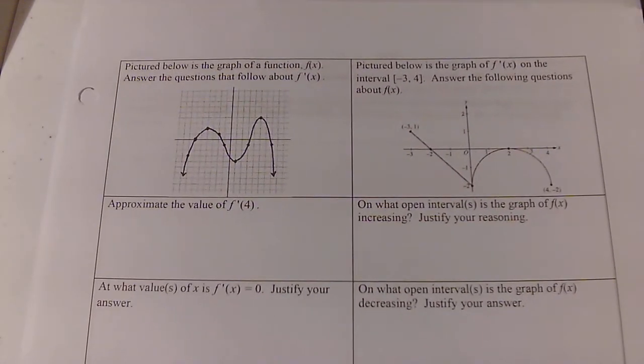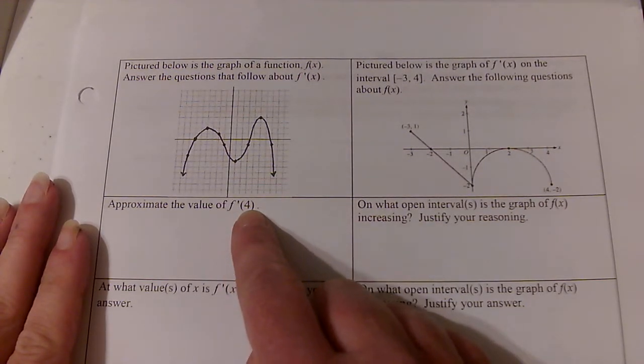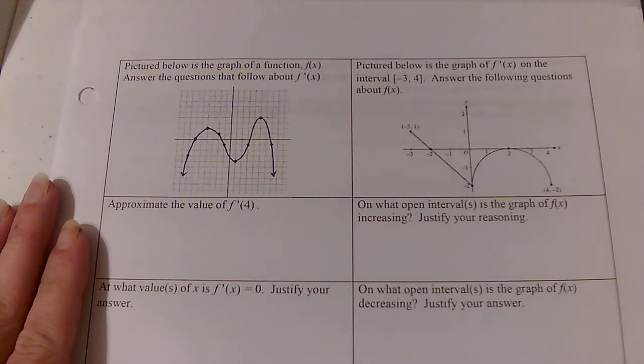We have a function. Looks very familiar. Answer the questions that follow about f prime. Approximate the value of f prime of 4. Approximate means we're going to find the slope of the secant line around it.